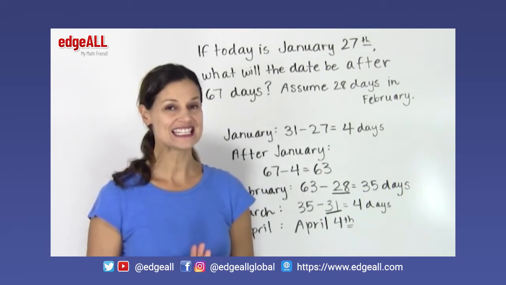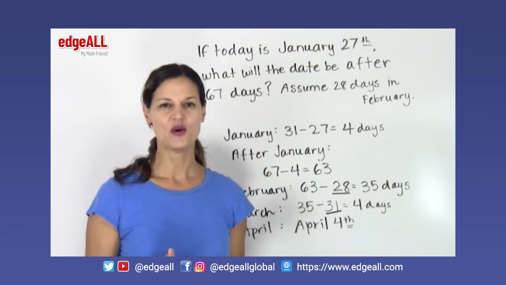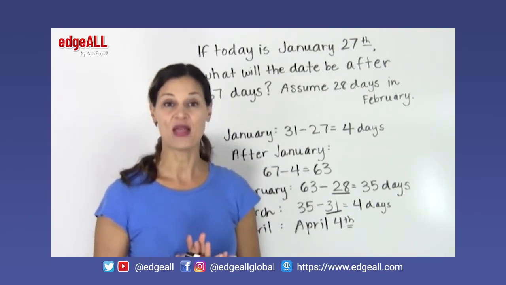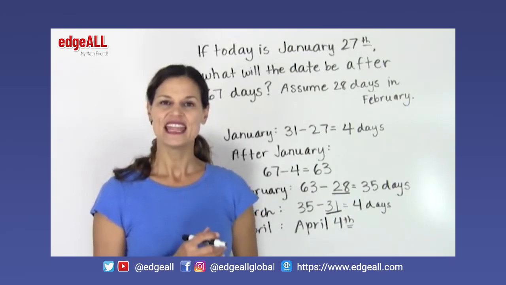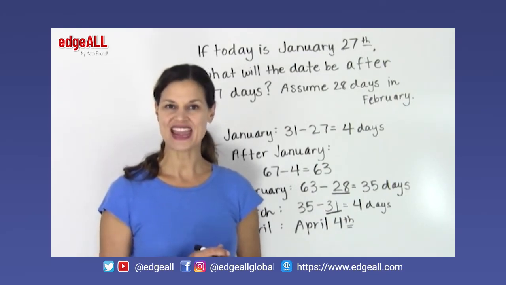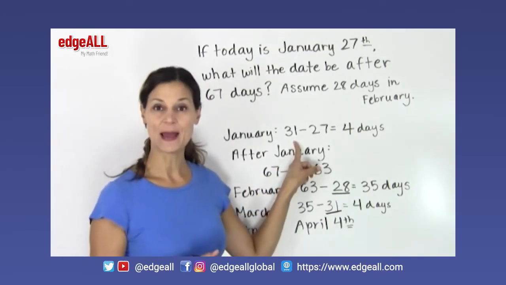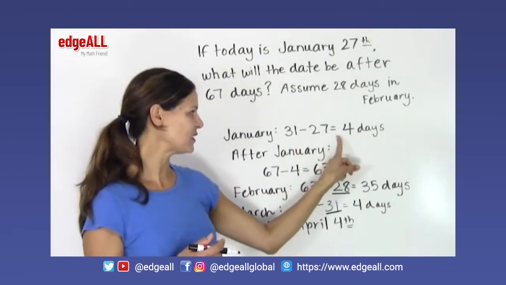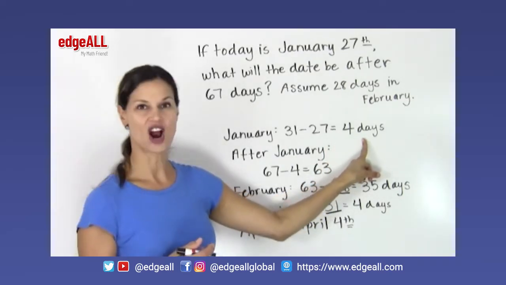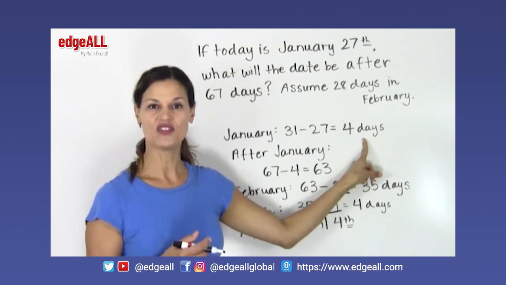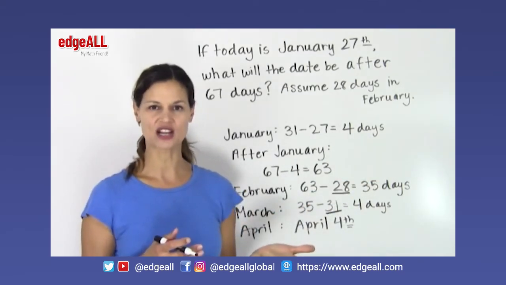So the date, 67 days after January 27th, will fall in some other month. Let's find out which month it is. The number of days remaining in the month of January are 31 minus 27, which is 4 days. So 4 of our 67 days will fall in January, and then the next month will start.